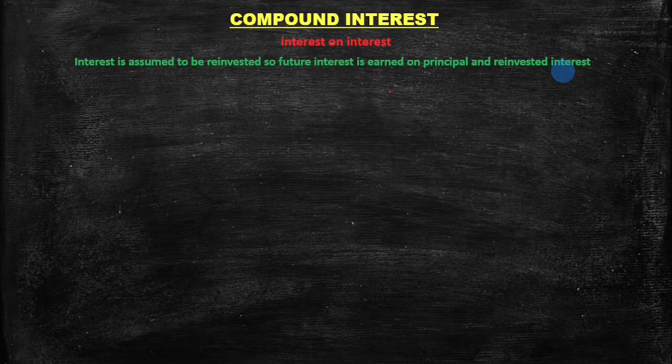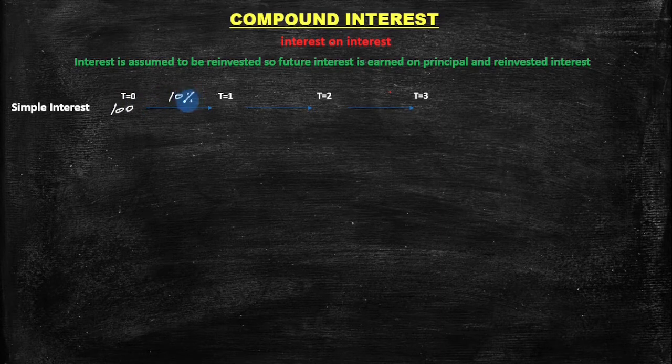Now, to understand what I'm talking about better, let me rewrite the example that we did in the previous slide, so we can compare simple and compound interest. If you can recall, we started with a $100 deposit, and the interest rate was 10%, right?